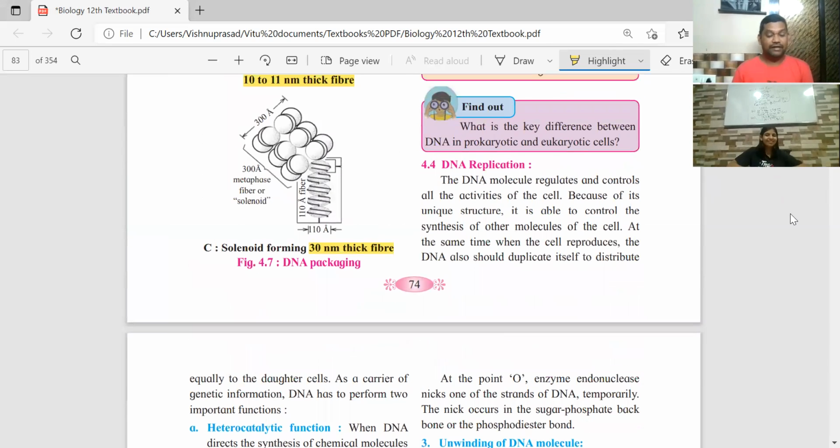Now we have to see the functions of the DNA. We know the structure of the DNA, we know the location of the DNA, we know how the packaging is done. न्यूक्लियस के अंदर डीएनए पड़ा हुआ है, सेफ है, स्टेबल है. The thing is how the DNA actually functions.